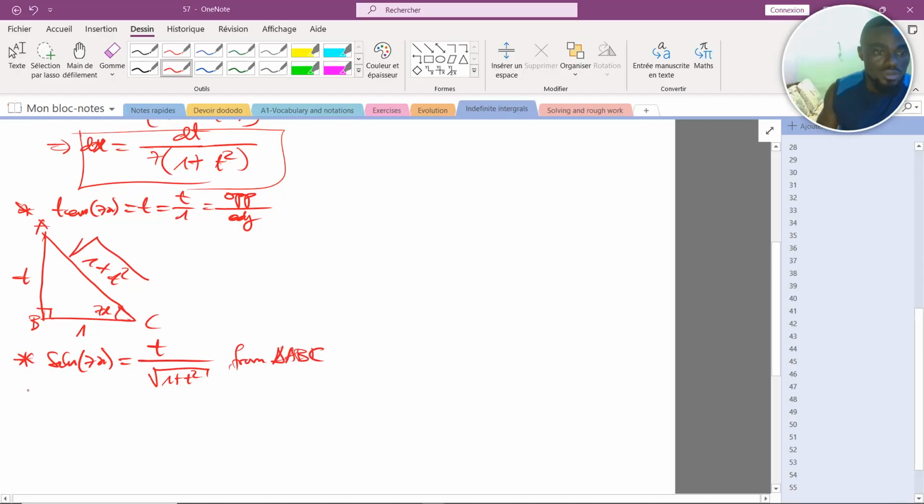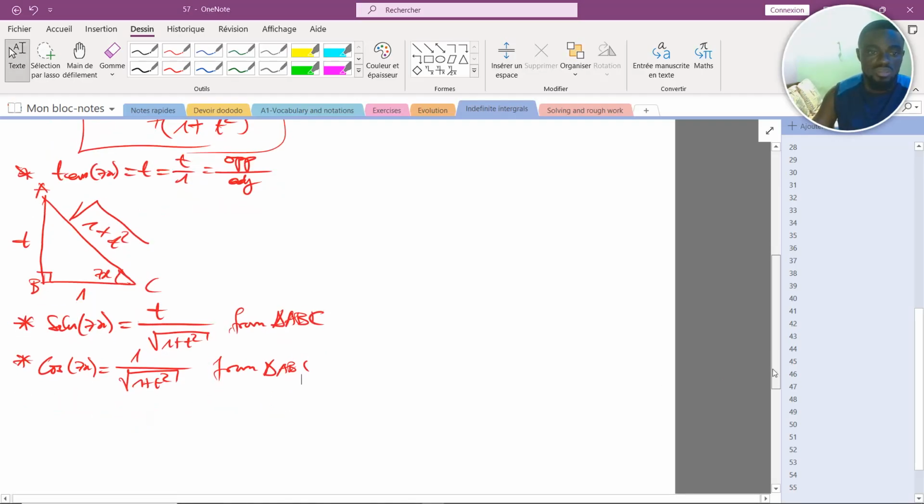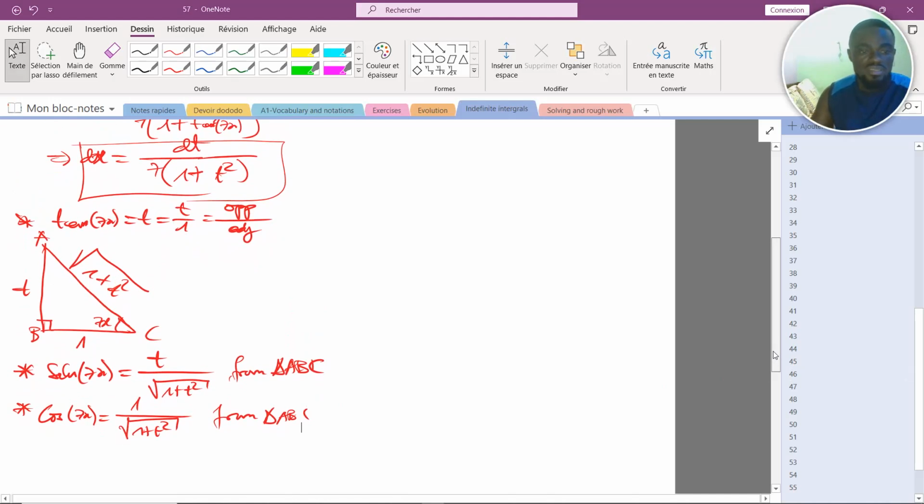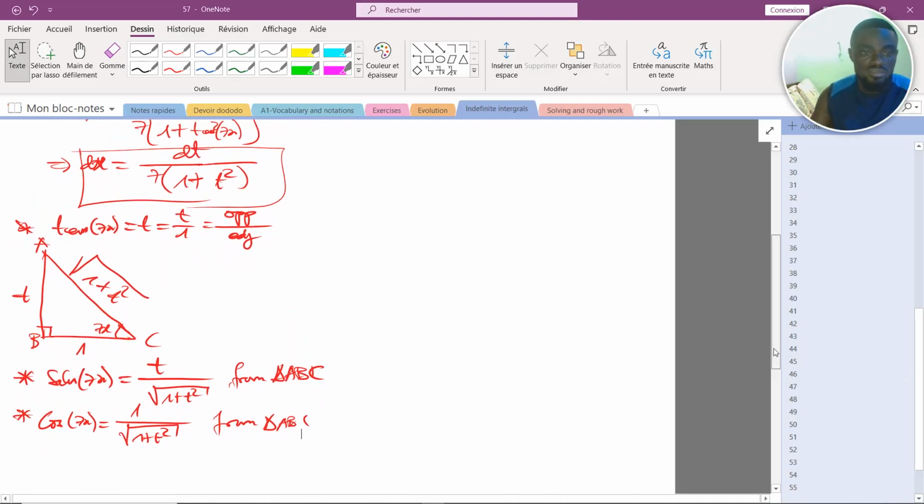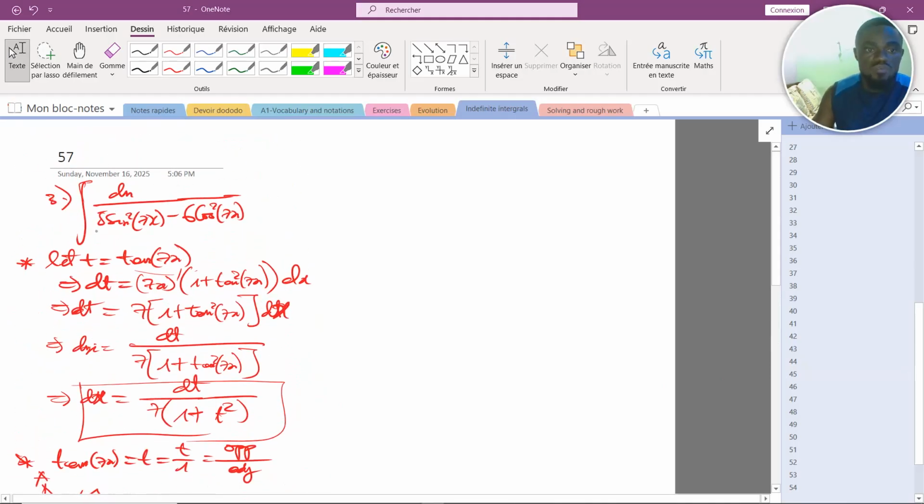My cos 7x will be equal to adjacent over hypotenuse. So 1 on the square root of 1 plus t squared, from triangle ABC. Very good.